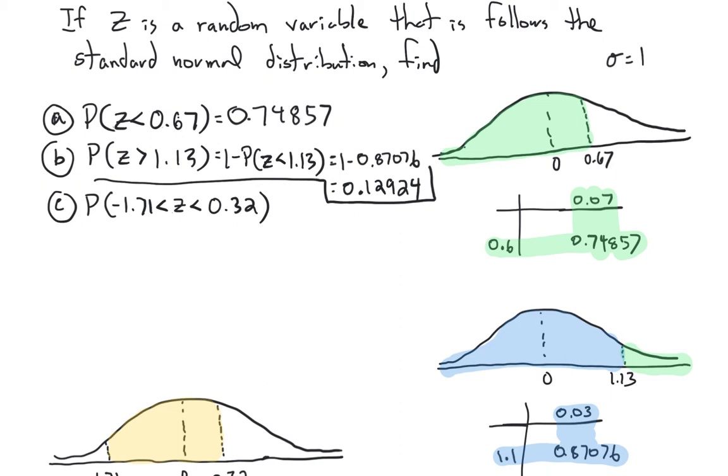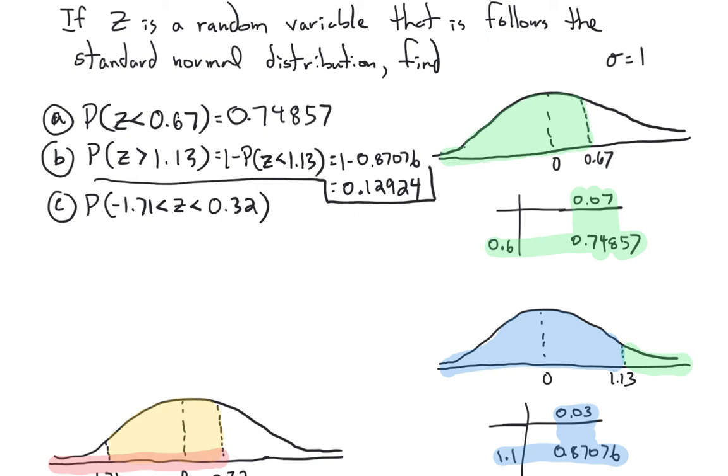Okay, now that we're back, well, we can use that same idea of subtraction to help us out here. If we take all of the area to the left of 0.32, that'll be all this stuff that I'll highlight the bottom of in red here. That's all of this. And if we subtract off what we don't want, that's this bit here to the left of negative 1.71, so we'll highlight that in blue.